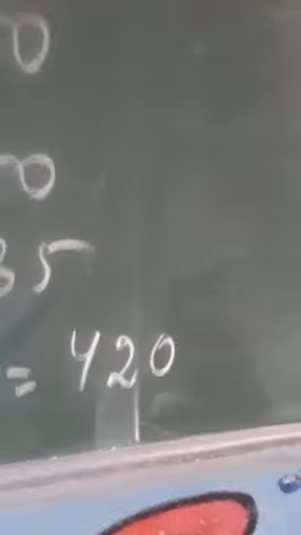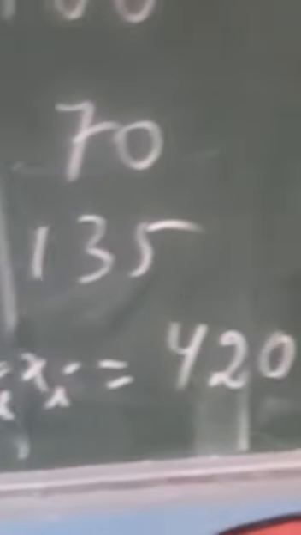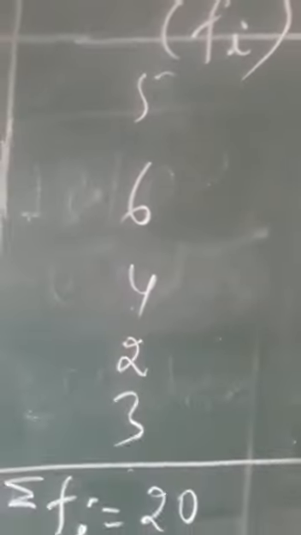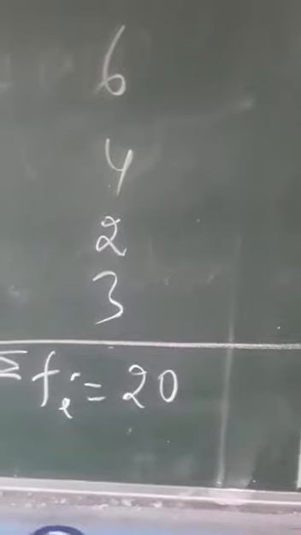Now when we add all these, we get 420. It means that the sum of all fi xi is equal to 420. And when we add all the frequencies 5, 6, 4, 2 and 3, we get 20.